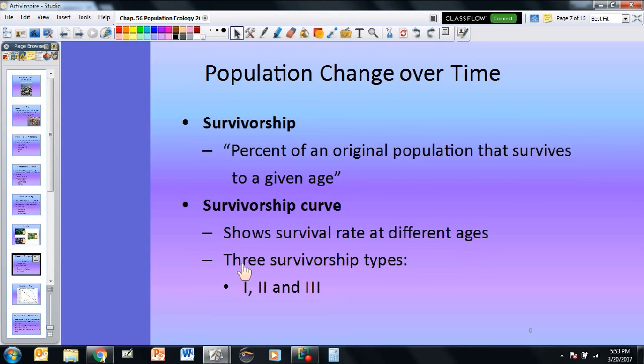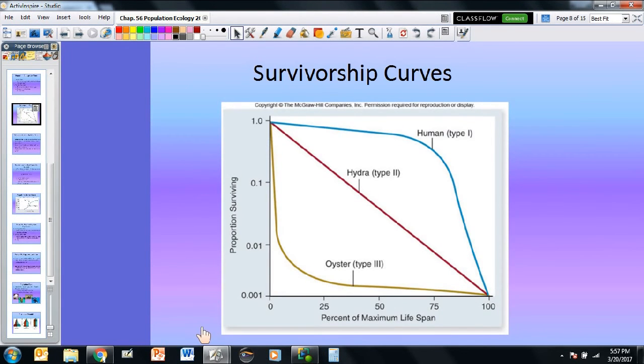This information is shown on a survivorship curve, and there are 3 survivorship curves: 1, 2, and 3. This graph shows all 3 survivorship curves on the same axis. We have the number of individuals surviving up to 100% on the y-axis and the lifespan on the x-axis.